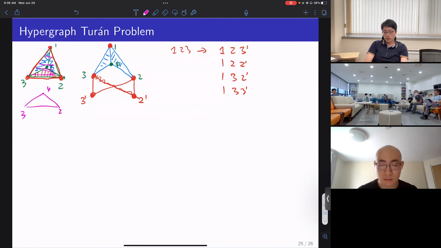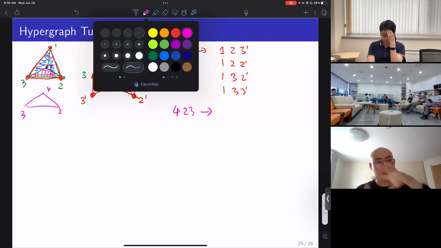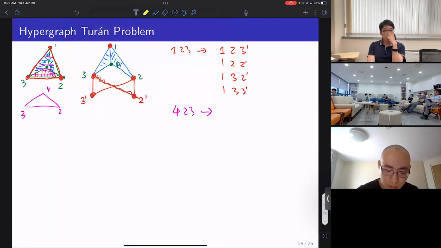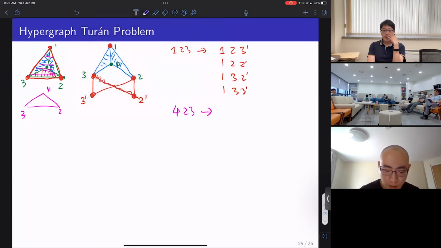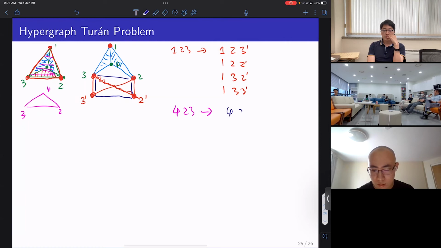It also becomes 4 edges, but we twist it a bit. Let me change to another color. They become these 5 edges: 4, 2, 3, 4, 2', 3'.